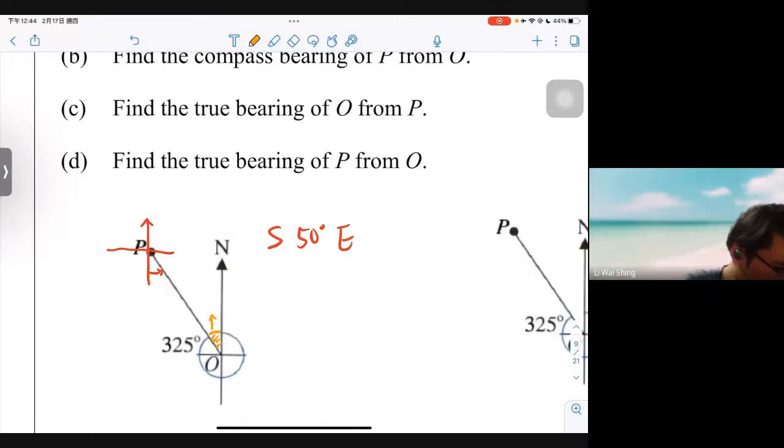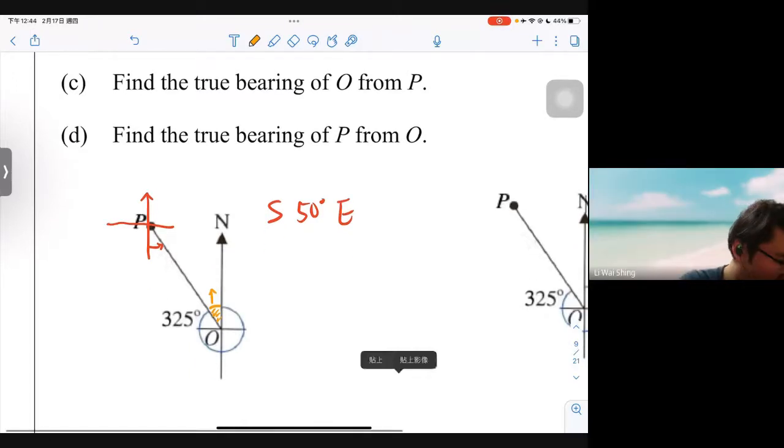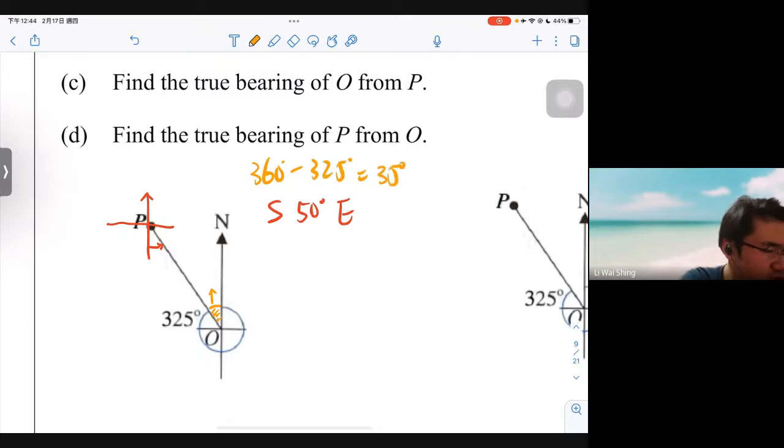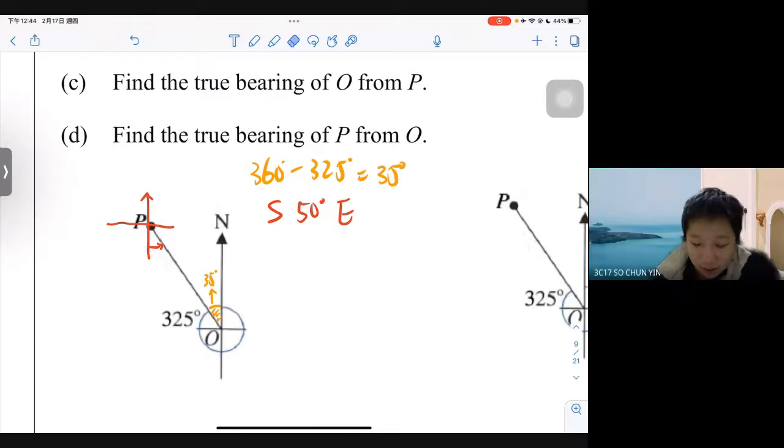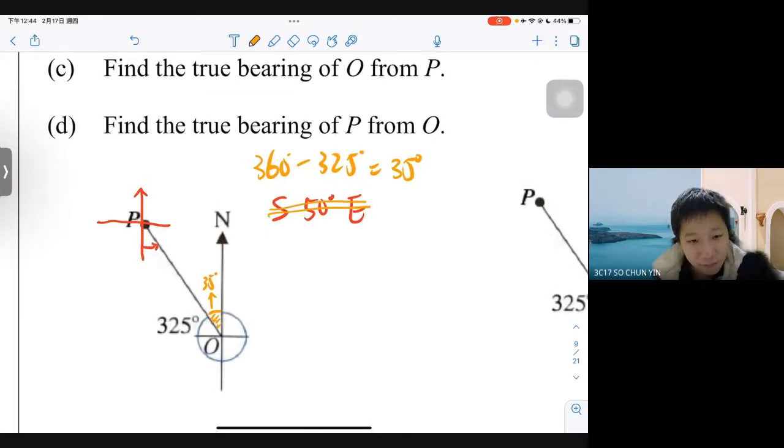Can you repeat once again? This angle, so how many is this angle? 360 minus 325 degrees is equal to 35 degrees. 35. And it is equal to the angle at P, the alternate angle.